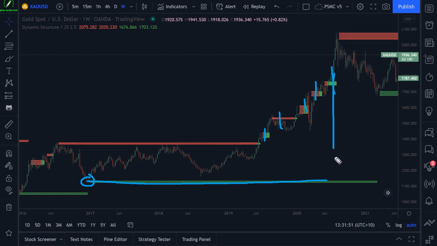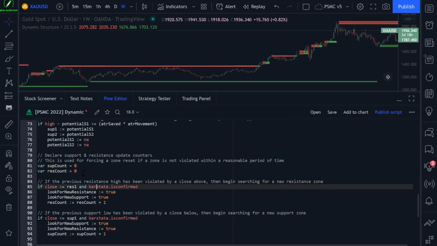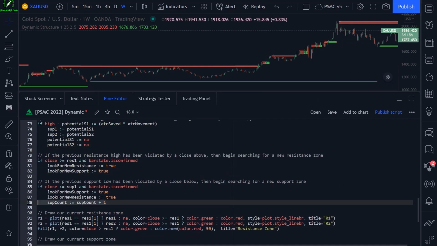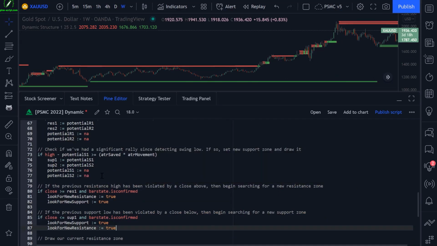On that 5th update, I could stop drawing that and reset it, start looking for a new support zone. But I don't actually do that in this simplified version of this script, so I'll remove that code so we don't confuse ourselves.